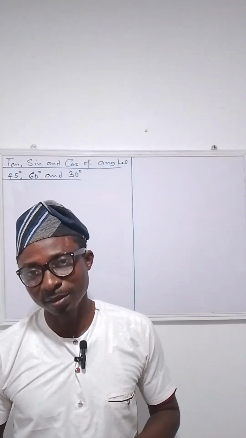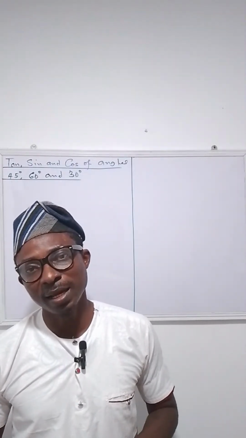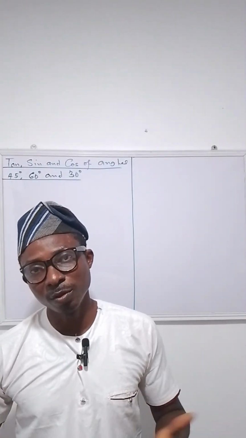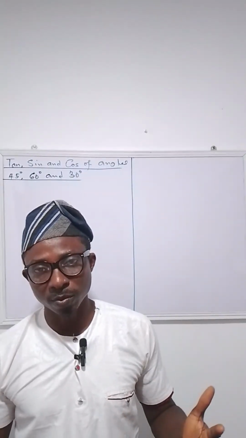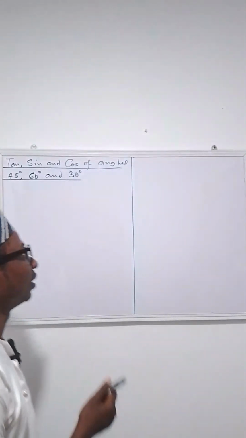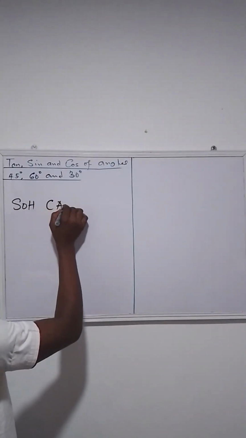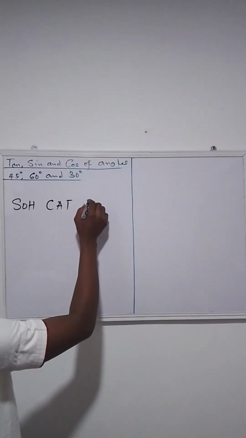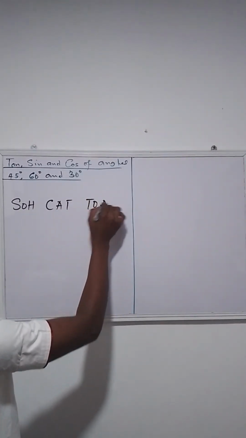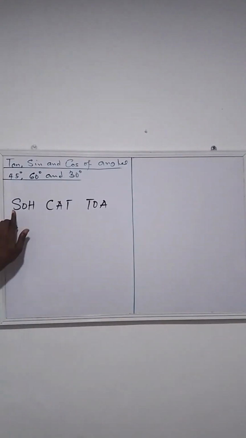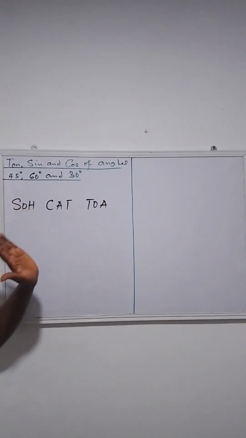I quickly want to ask us one or two questions before I commence. I told you the last time that we can make use of trigonometrical ratio to solve some problems, and we looked at this on the board. I told you that S represents sine, O represents opposite, H represents hypotenuse of a right angle triangle.